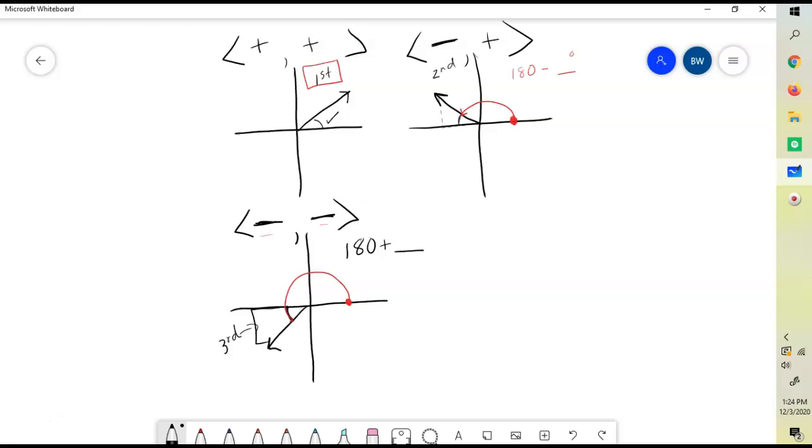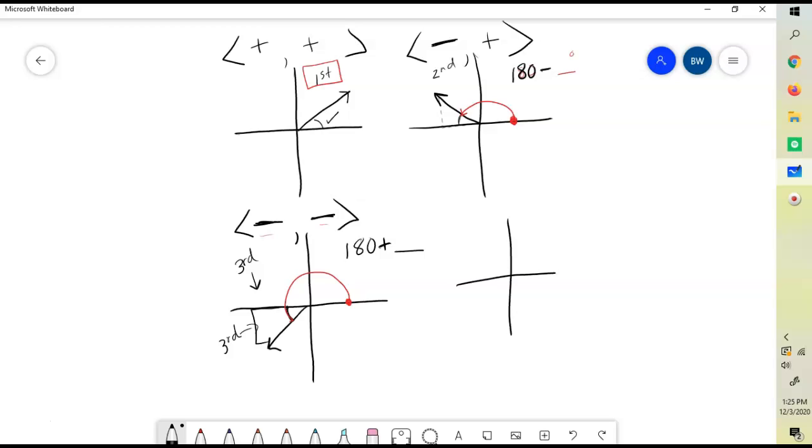Okay, that's the third quadrant. In the third instance, you pass through the first, the second, and you're into the third. This is 180 plus. Again, this is different because this is 180 minus that amount.